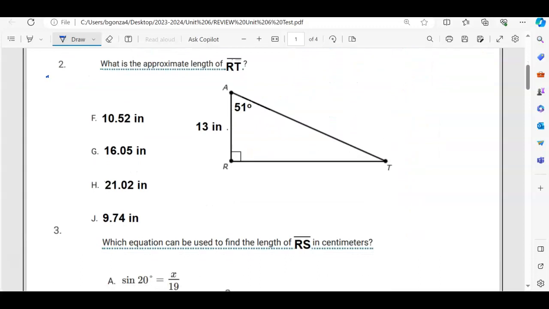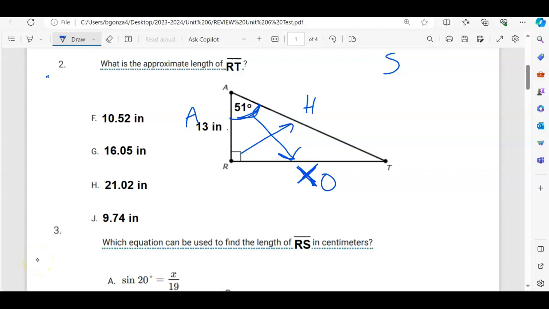Number 2, what is the approximate length of RT? So I'm going to put an X right here at RT. And from the angle they gave us, 51, I'm going to label O, H, and A. Okay, so once again, I'm going to label SOHCAHTOA.